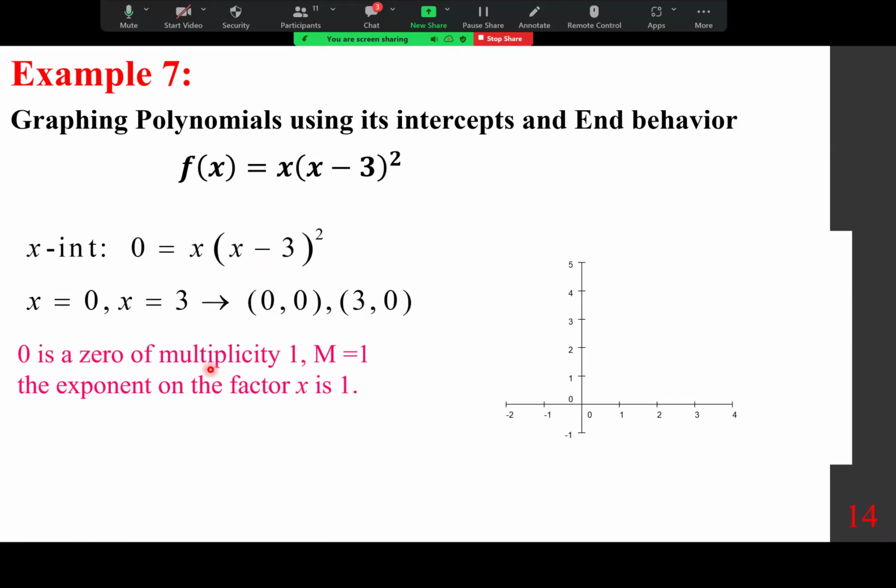So 0 is the 0 of multiplicity 1. The exponent on the factor is 1. Remember, when there's no exponent, that means the exponent is 1. And this one, m equals 2. The exponent on the factor x minus 3 is 2. So it's fairly easy to distinguish between the two, everybody.